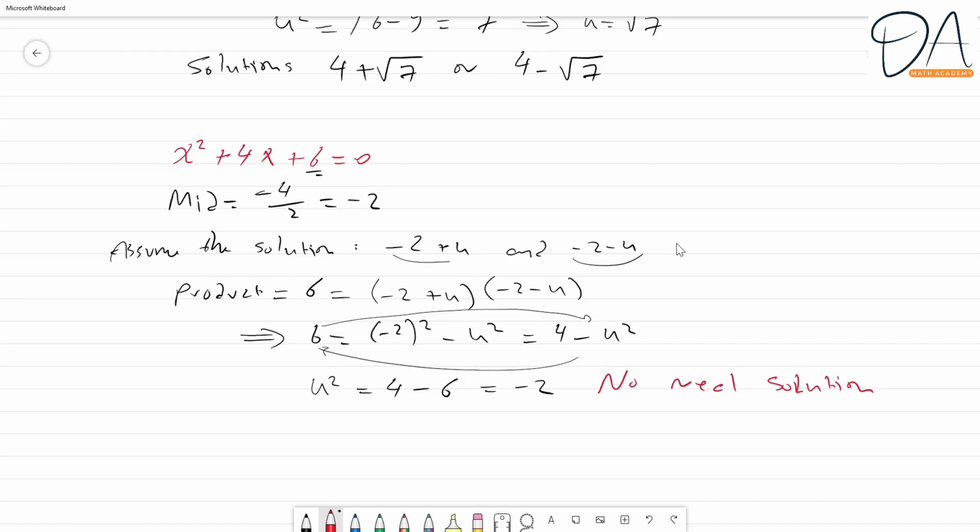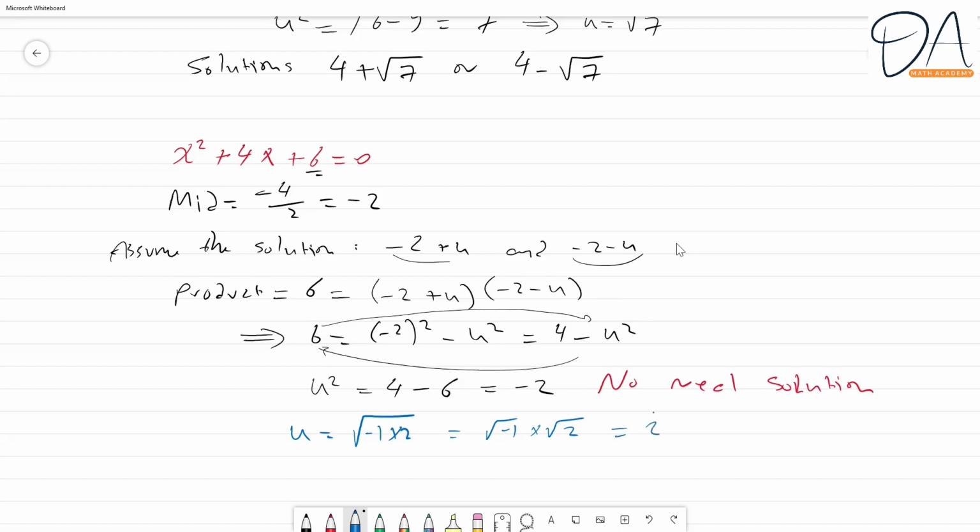However, if you are familiar with complex numbers, we can solve this. So u will be the square root of minus 1 times 2. Remember, minus 2, we can write it as minus 1 times 2. And this will be the square root of minus 1 times the square root of 2. We know this is defined as i, if you are familiar with complex numbers.